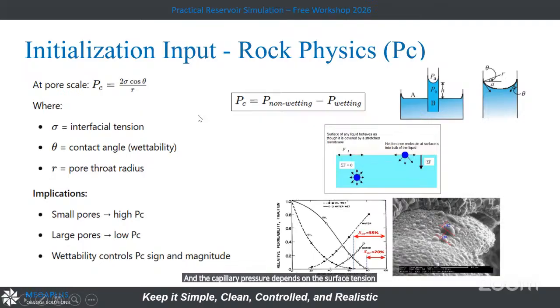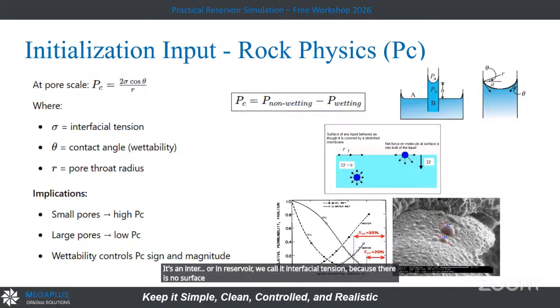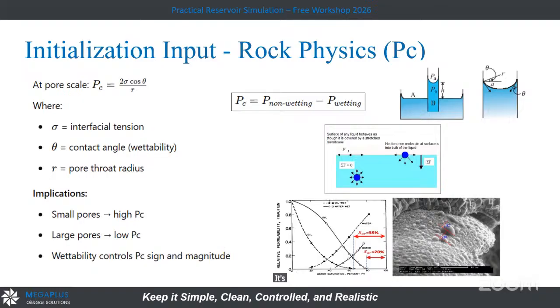And for the people who don't know the surface tension, it's very simple. In the reservoir we call it interfacial tension because there is no surface in the reservoir. It's the tension that happens to the molecules in the places that have two phases. Why is it called tension?